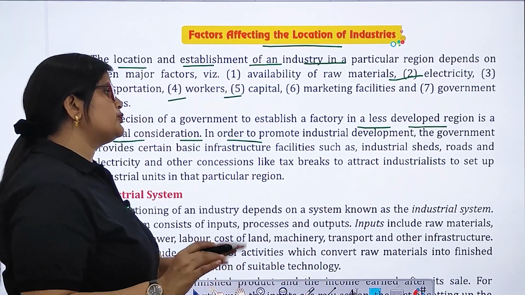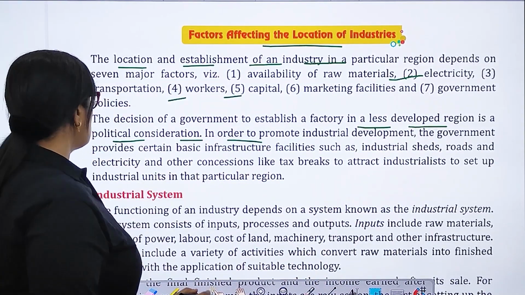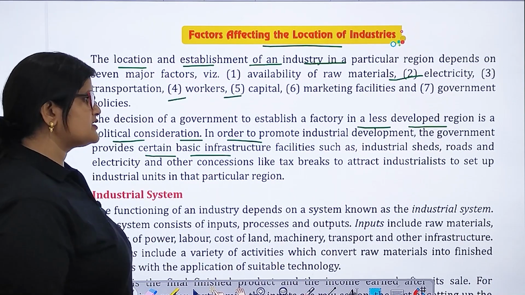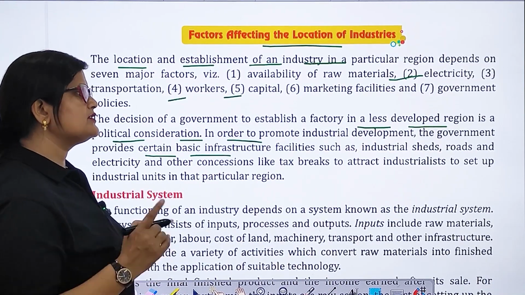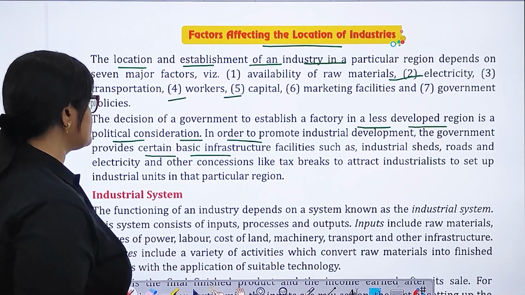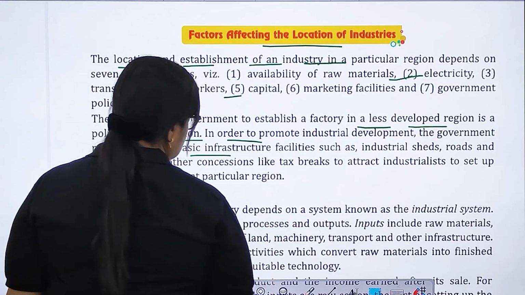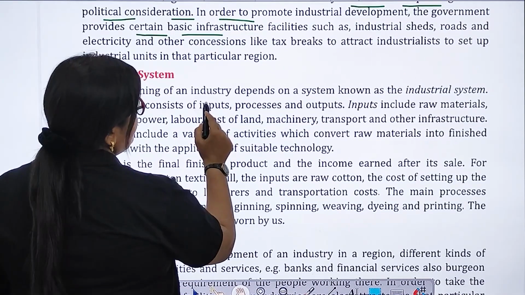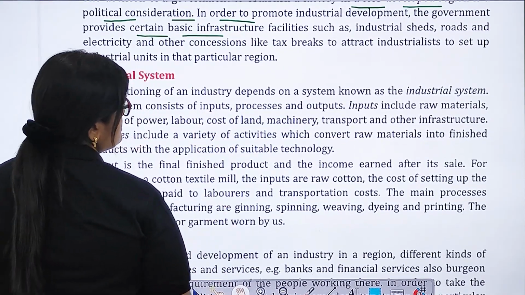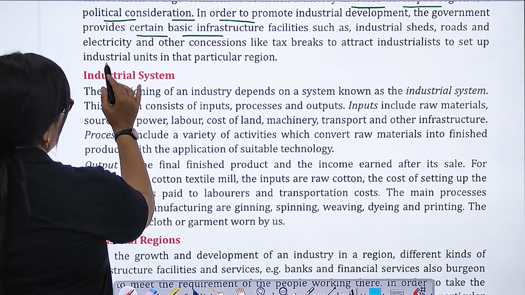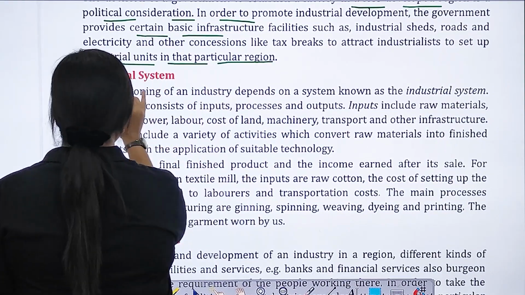In order to promote industrial development, the government provides certain basic infrastructure facilities such as industrial sheds, roads, and electricity, and other concessions like tax breaks to attract industries to set up industrial units in that particular region.